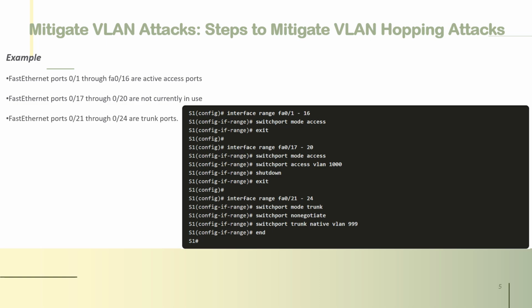we will put them in another unused VLAN. So we go to these interfaces by using the interface range FastEthernet 0/17 to 20. And then, after we have entered this range of interfaces, we make them access ports. And with the command switchport access vlan 1000, we are sending them to VLAN 1000.